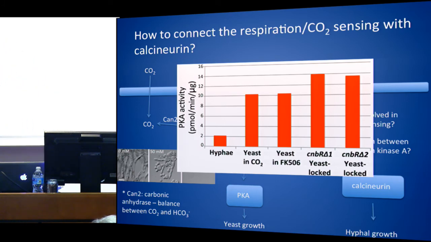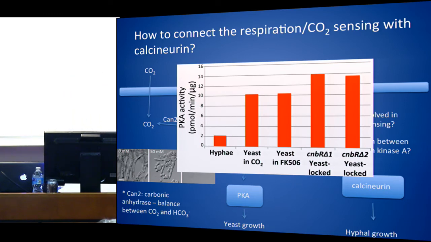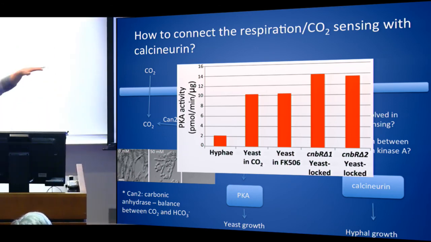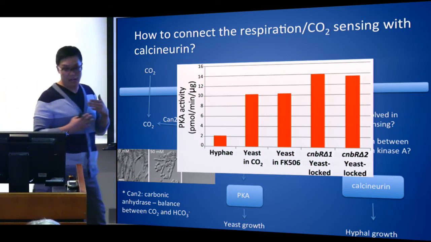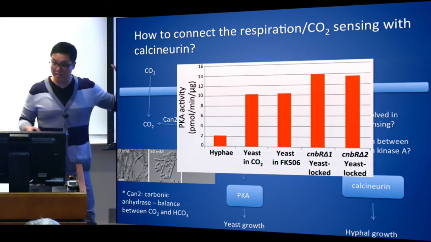So somehow, if you diminish calcineurin activity, then PKA is more active. It's not like sharing substrate. It's like there's some kind of antagonist relationship, possibly calcineurin negatively regulates PKA. We do not have any evidence to address that yet, but this is a very interesting observation.